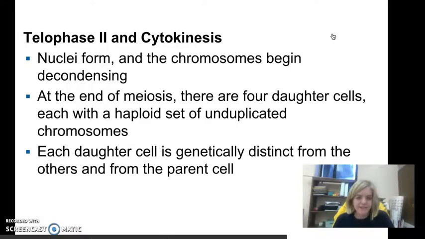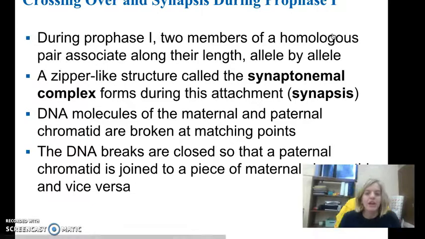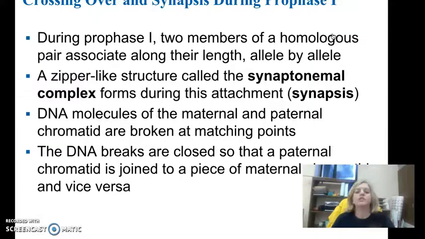That leads us to the end of meiosis, but just as a little bit more information about crossing over, once again, crossing over happens during prophase 1. How this works is basically two homologous chromosomes pair up next to each other lengthwise, and they arrange themselves so that their alleles are matched up.